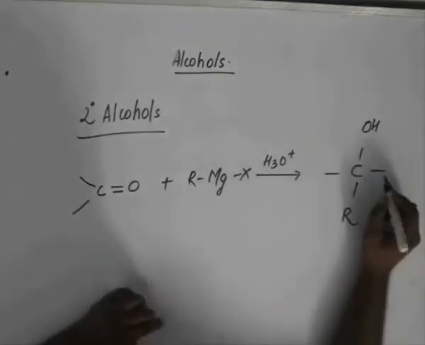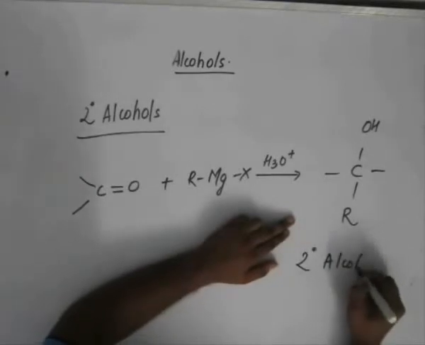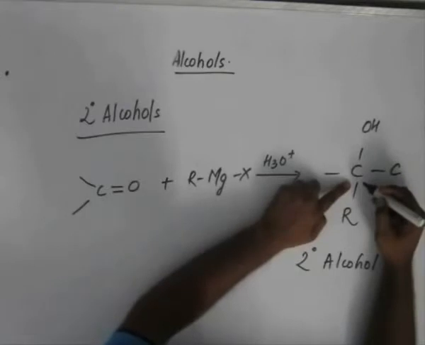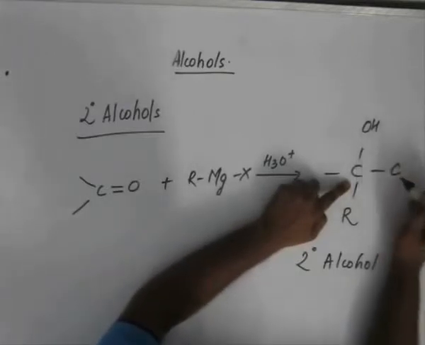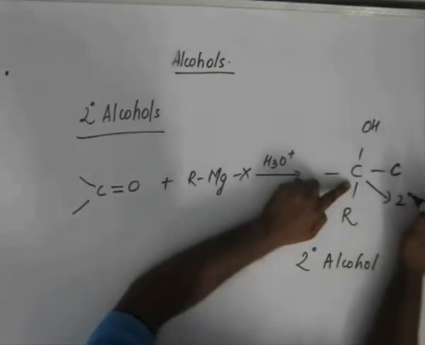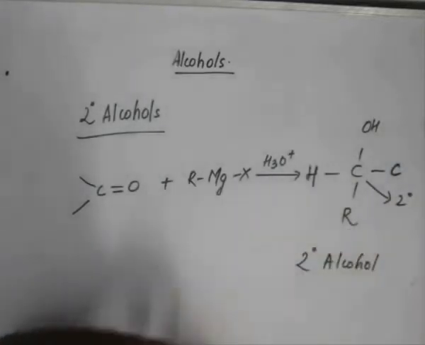If we want to make a 2 degree alcohol, we need to have at least, not at least, specifically 1 carbon attached to this carbon which has an OH attached to it, to make it a 2 degree carbon. So what are we left with? A C and an H.